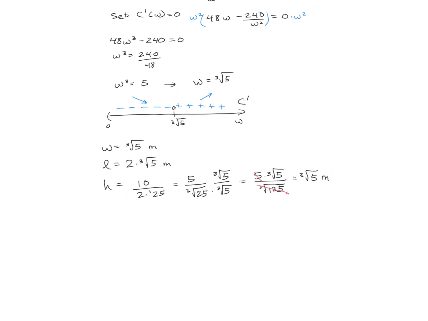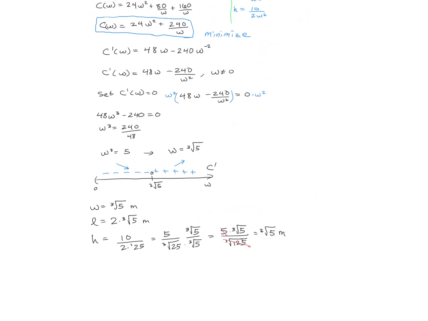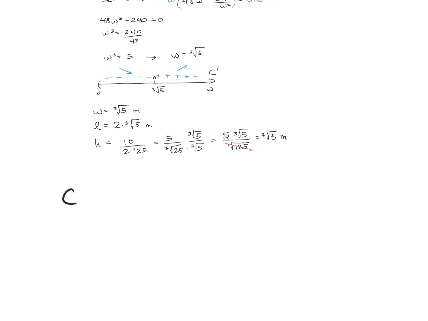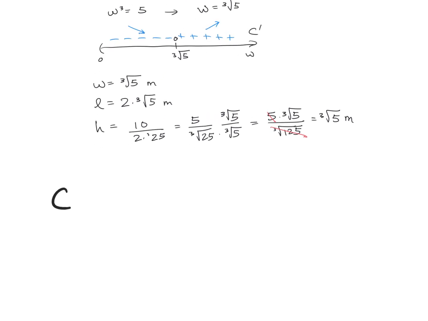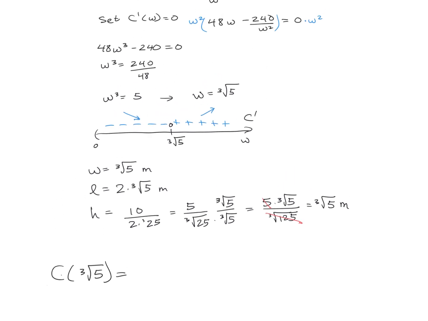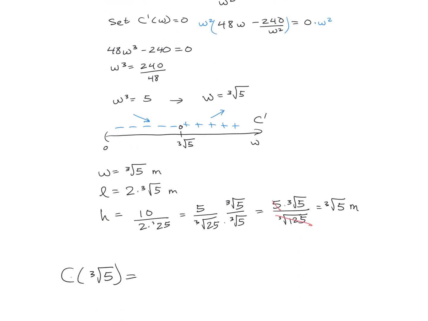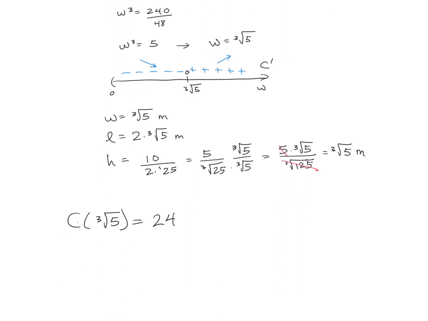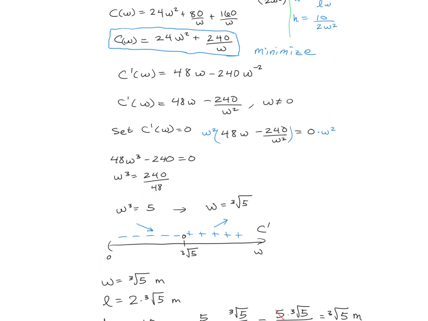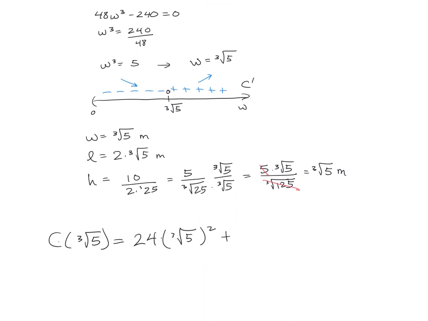And then for our cost, which is going to be kind of on the messy side, the cost from having the cube root of 5 is equal to, where did it go? 24 times the cube root of 5 squared plus 240 divided by the cube root of 5.